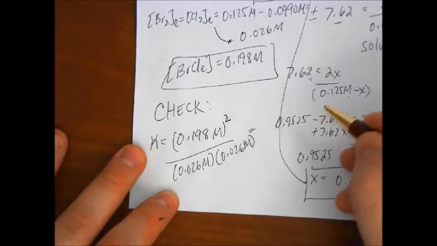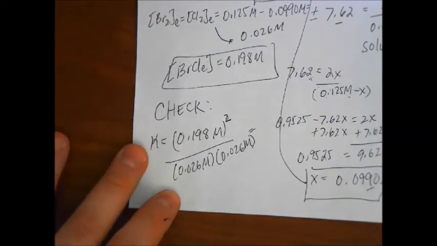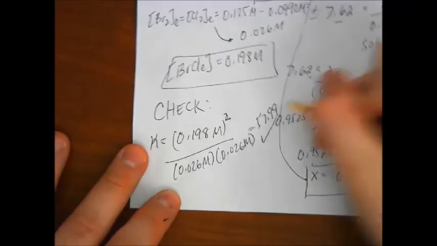And this should equal something close to 58. So if you plug this into your calculator, 0.198 squared divided by 0.026 squared, you get 57.99. So that checks out.